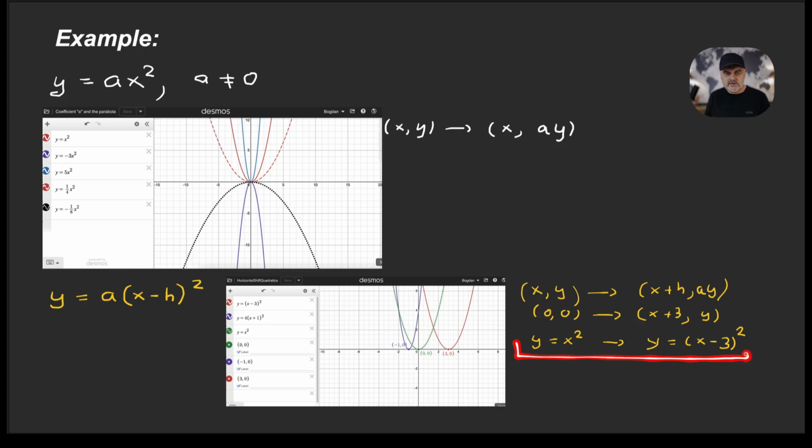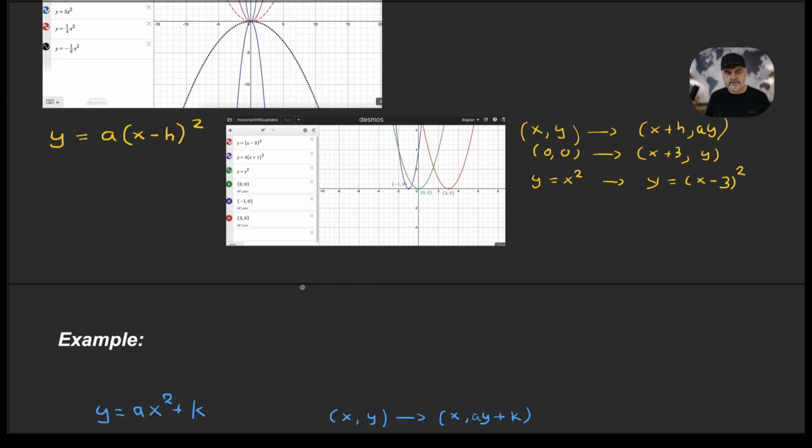If this is opposite, for example, you have right here y is equal to 4 times, so the 4 would cause the graph to change its shape, but x plus 1 in the bracket causes the graph to move by 1 unit to the left. So that is how the horizontal change is read. You take the direction by reading the opposite. So x minus 3, 3 units to the right. x plus 3 would mean 3 units to the left.